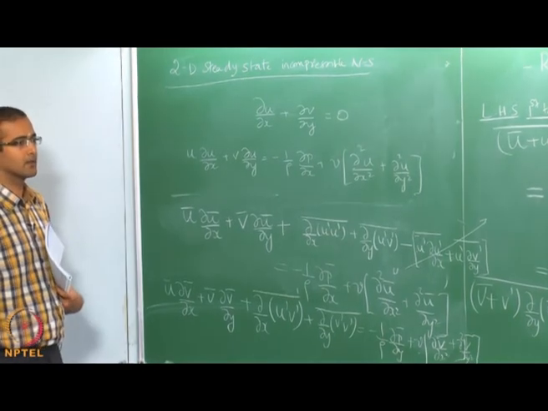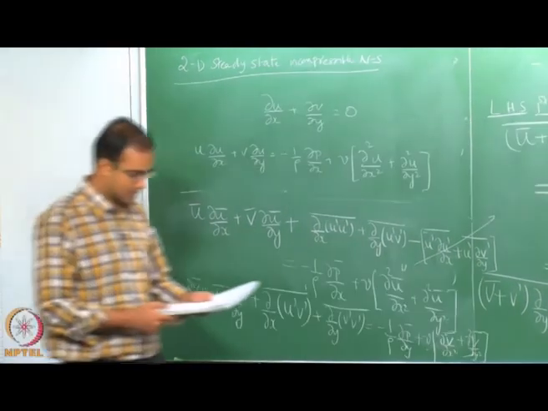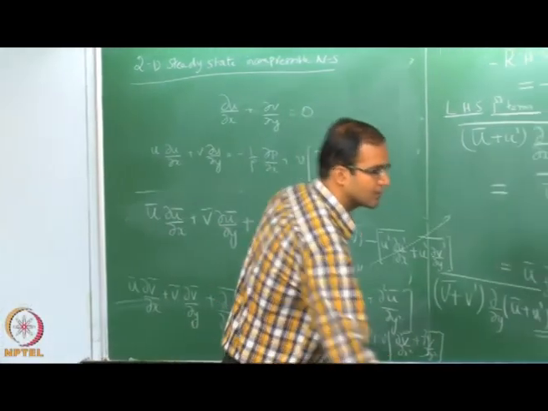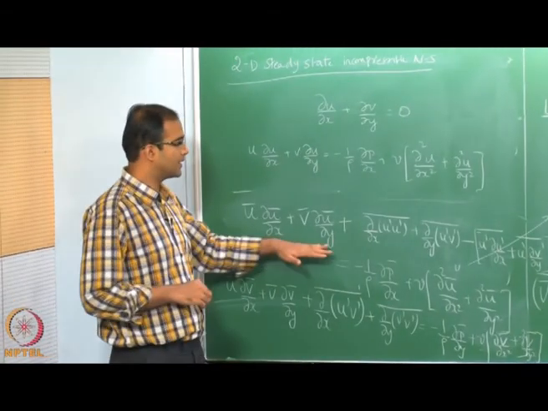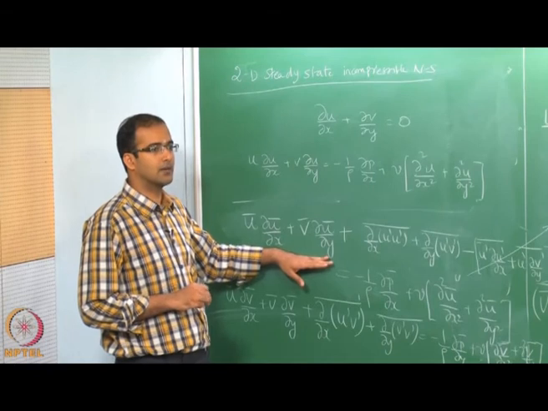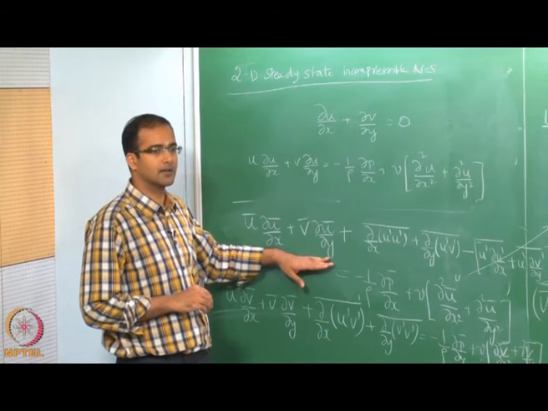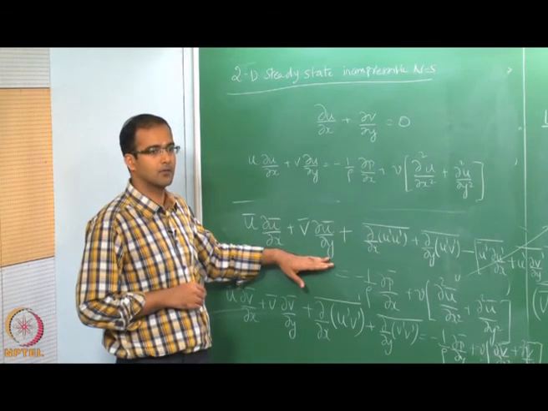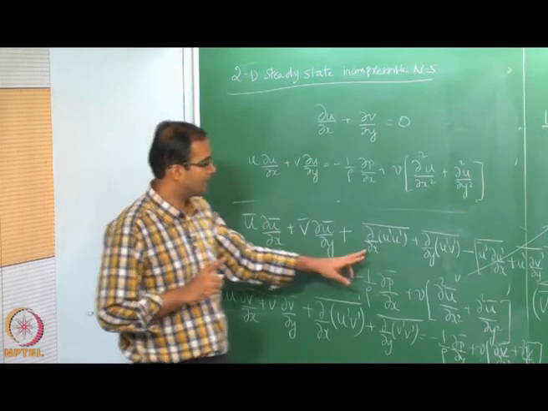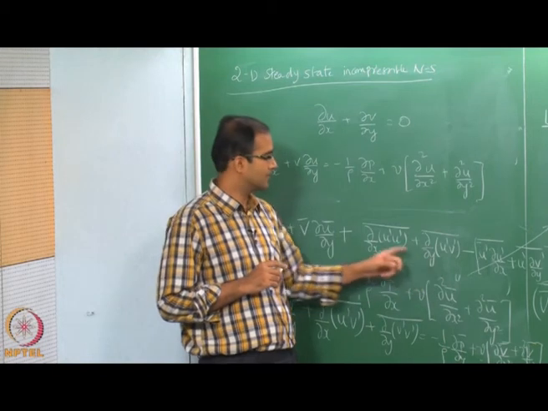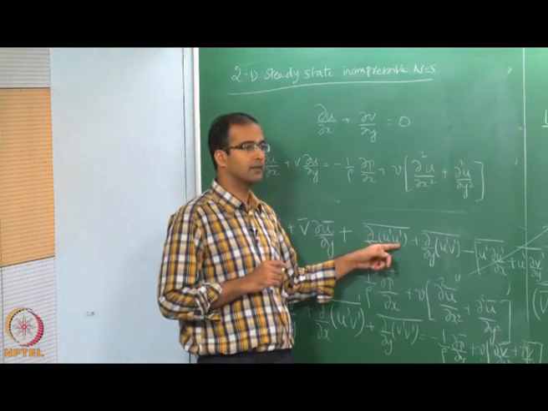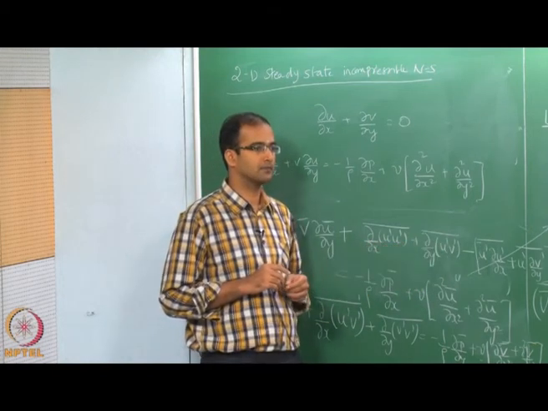Now, we will stop here. In the turbulent RANS equations you have similar terms in the advection component as the instantaneous, but they are replaced by the mean quantities. Apart from that you have two additional terms on the left hand side, the u prime derivative and u prime v prime derivative.